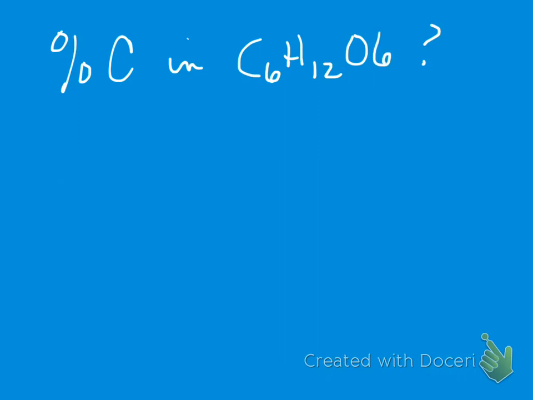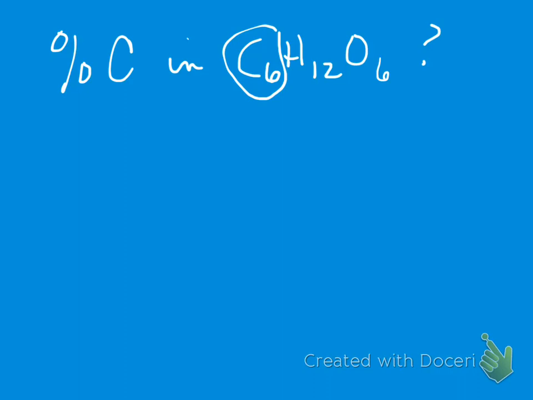So in every 1 mole of glucose, how many moles of carbon are there? 6. 1 mole of glucose has got 6 moles of carbon atoms, because in every molecule of glucose, you have 6 carbon atoms.